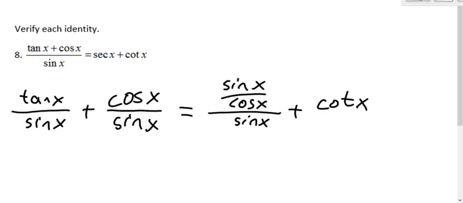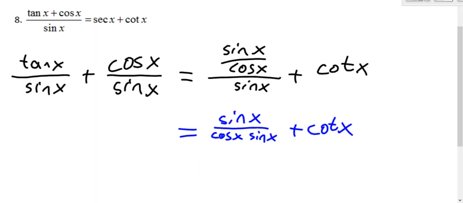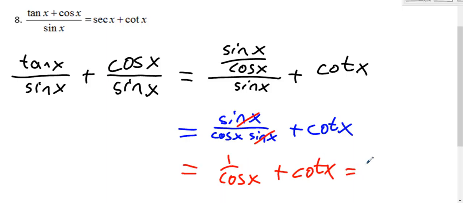So that'd be sine over sine is the same thing as sine over cosine times sine. And the sines cancel, so that's 1 over cosine. One over cosine is secant. So we're done.